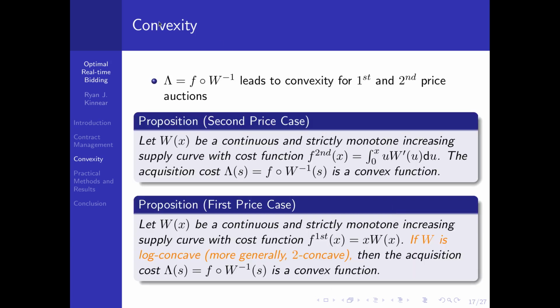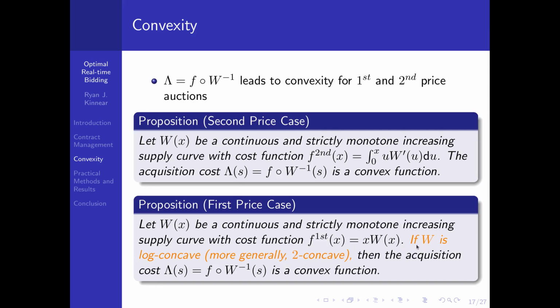But here, this lambda function, once we do this composition, is this nice looking convex function of the target supply S. Okay, so here are pretty much the main theorems. So in a second price auction, if W is continuous and strictly monotone increasing, then the acquisition cost function is convex. In the first price case, it's a little bit more complicated. You need this extra condition that W is 2-concave. The distinction between 2-concavity and log concavity is not particularly important.